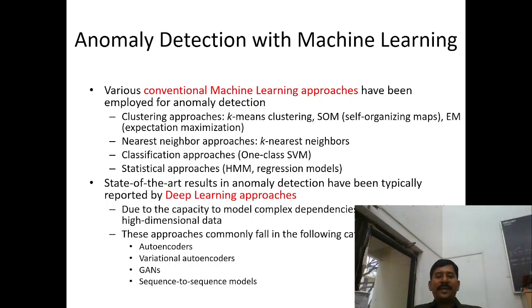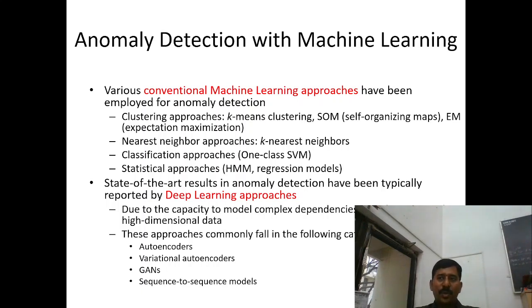The state of the art results in anomaly detection have typically been reported by deep learning approaches, due to their capacity to model complex dependencies in multivariate and high dimensional data. These approaches commonly fall in categories like autoencoders, variational autoencoders, and GANs.